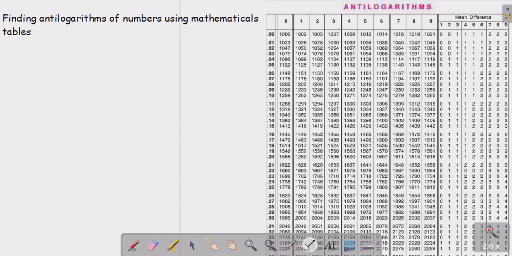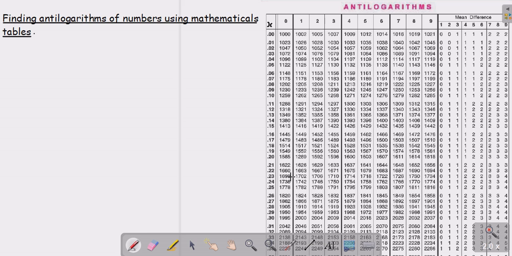On your screen you can see the table, and that table contains the antilogarithms of numbers. These numbers range from 0.00, like here you can see in the first column, up to 0.99 in your tables.